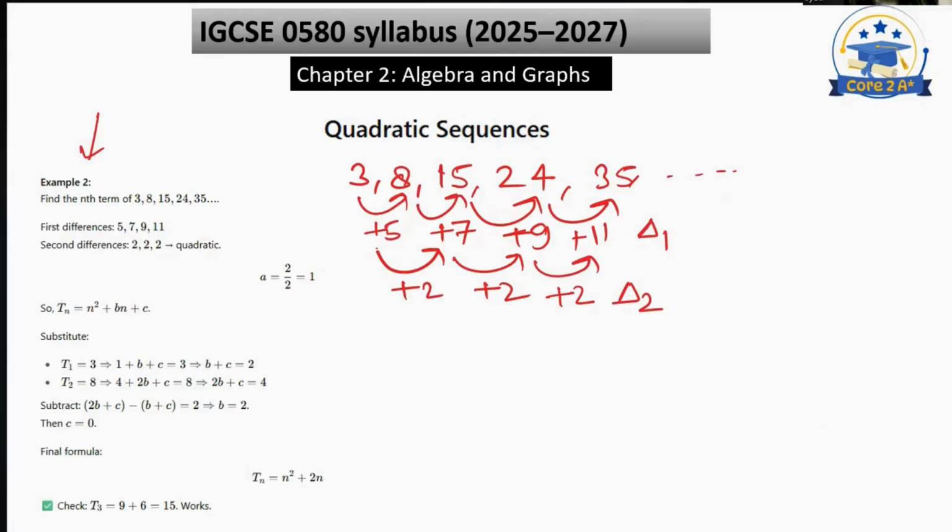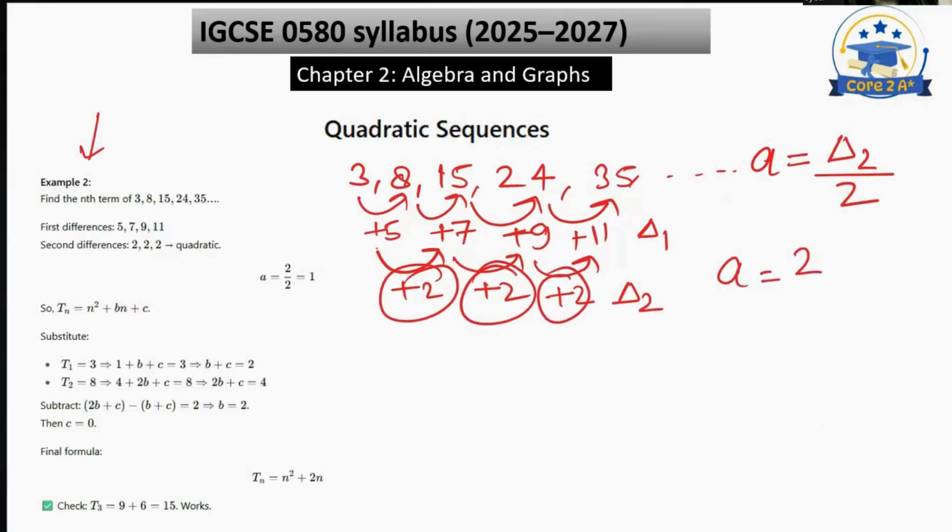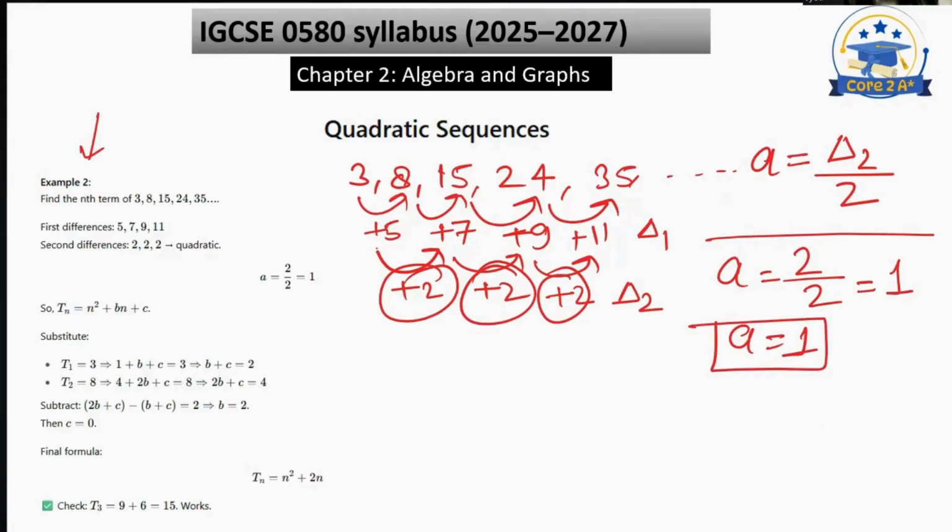Now, first, what do we have to find? A. And A is what? Delta 2 over 2, means half of the constant difference, right? So A equals 2 over 2 equals 1. We got A equals 1, right? This is the value of A. Now, the general form. What is the general form? General form is A n square plus Bn plus C, right?